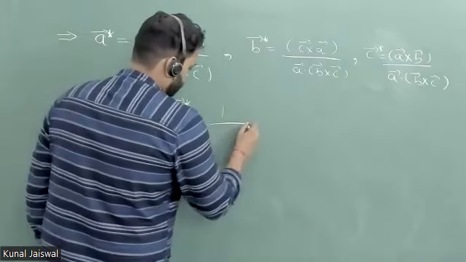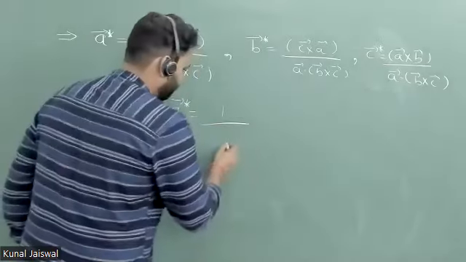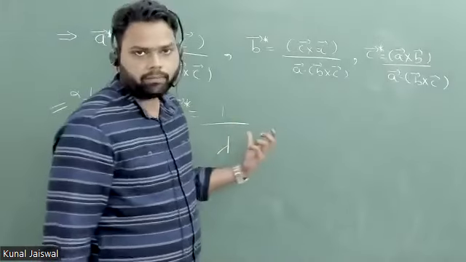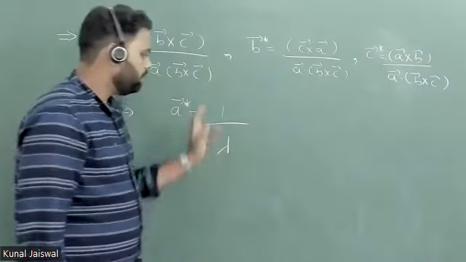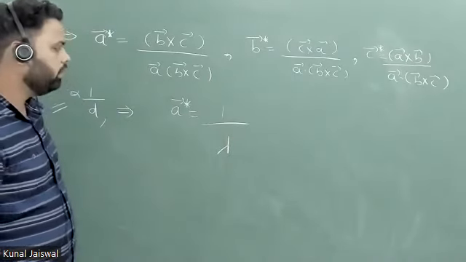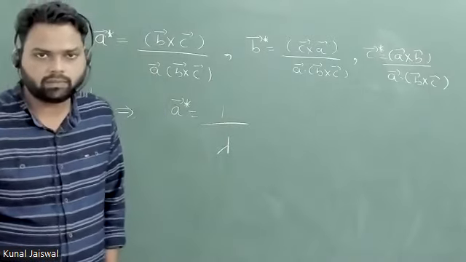So we know that meter is a unit of wavelength. Basically it is 1 upon lambda. But 1 upon lambda is not defining any physical quantity. भाई 1 upon lambda आपने किसी भी physical quantity को सुना है?